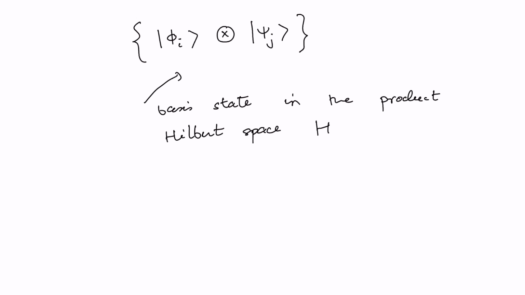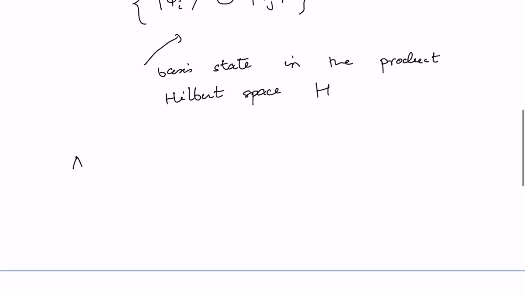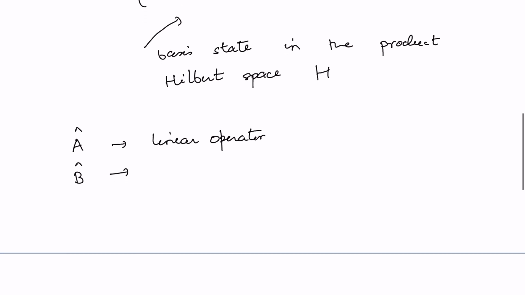Now let's say A and B are linear operators corresponding to some physical observables. A corresponds to a linear operator in the Hilbert space HA, and B is the linear operator corresponding to some observable of the system B in the Hilbert space HB.